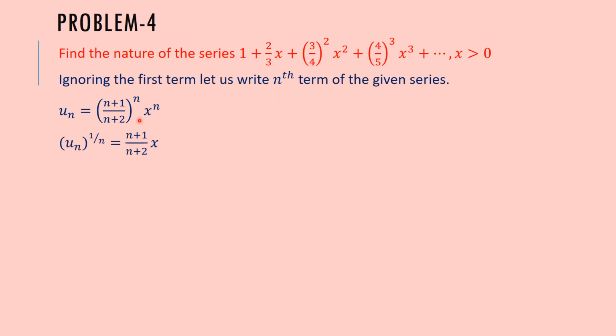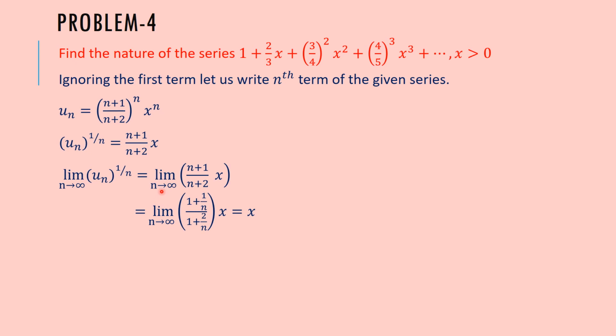Now un power 1 by n is equal to n plus 1 divided by n plus 2 into x, because power n cancels with the power 1 by n. Now applying the limit as n tends to infinity to n plus 1 by n plus 2 into x, in the numerator we take n outside, in the denominator we take n outside, and cancel.